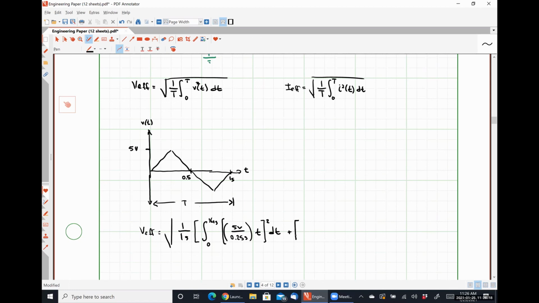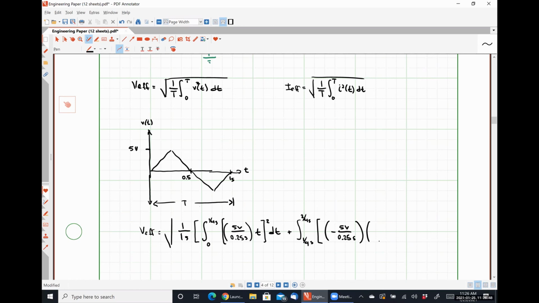Then we would have the integral from 1/4 of a second to 3/4 of a second. So it has a slope of -5 volts every 1/4 of a second.